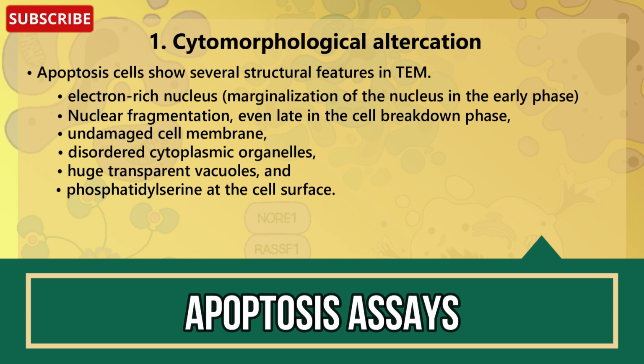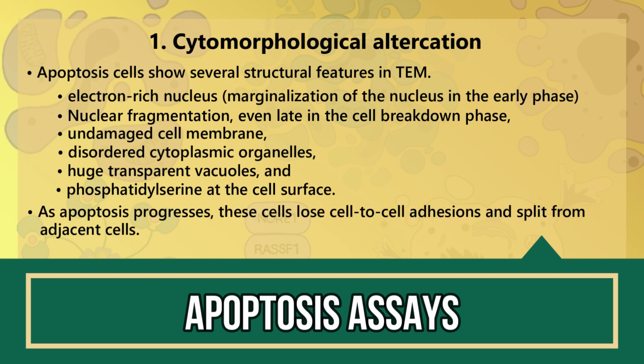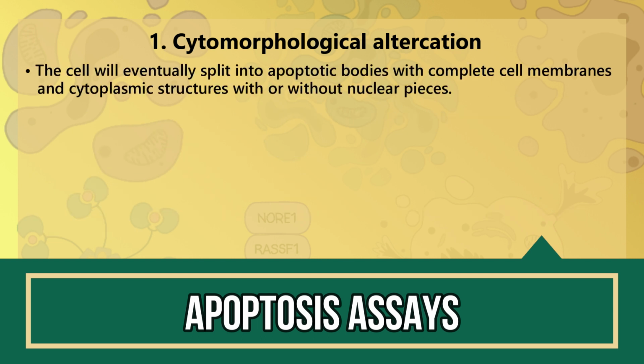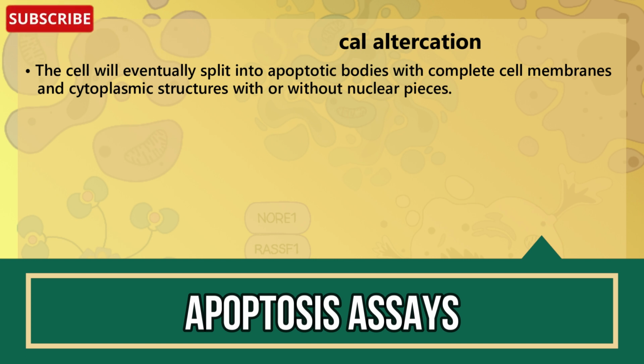As apoptosis progresses, these cells lose cell-to-cell adhesions and split from adjacent cells. The cell will eventually split into apoptotic bodies with complete cell membranes and cytoplasmic structures, with or without nuclear pieces.